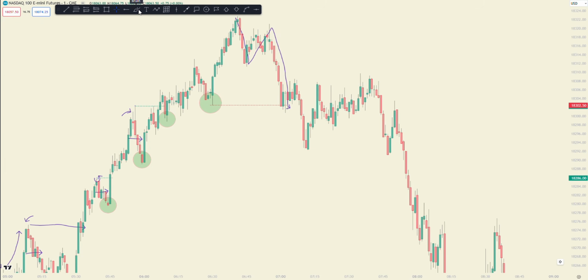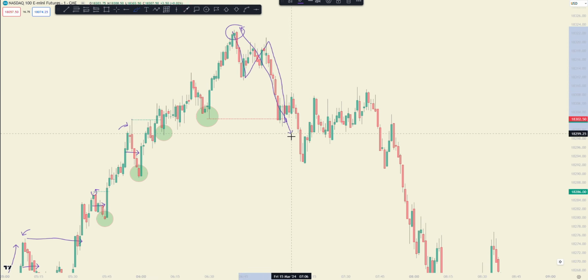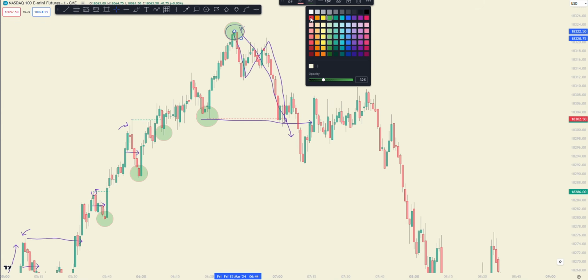So where are our protected highs going to occur? Well, our first protected high is going to occur from the high that brought the break of structure. So this up here would be now our protected high. It turned from a valid high to a protected high.